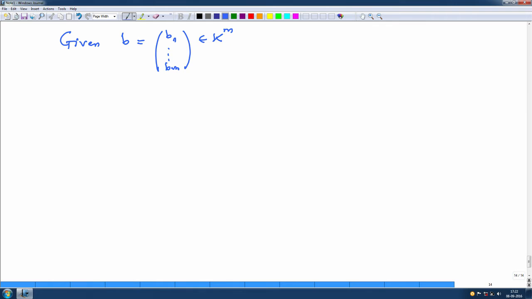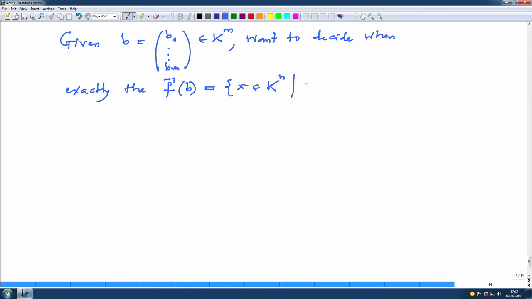We want to decide when exactly the fiber f inverse b, which is by definition all those vectors x in k power n such that f of x equal to b, is non-empty.